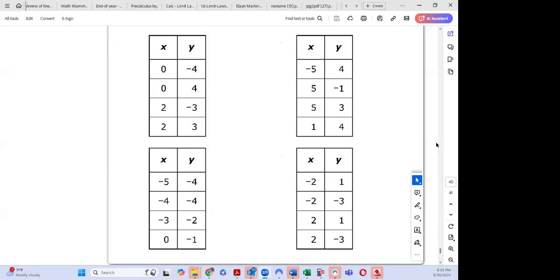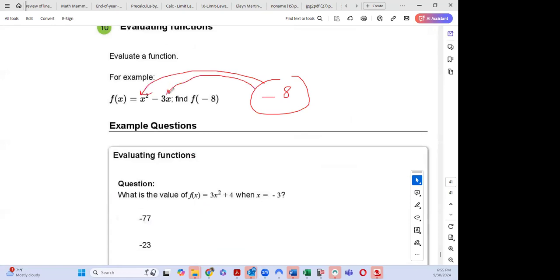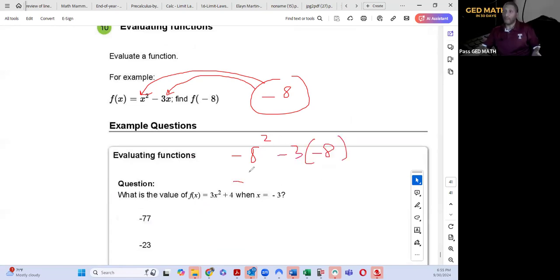I don't know why that one was a little bit more challenging. This is the mistake they want you to make: they give you -8, and everywhere you see x, you plug it in, getting -8 squared minus 3 times -8, which becomes -64 plus 24 minus 40.